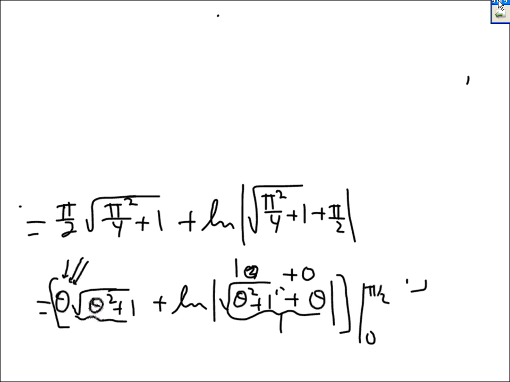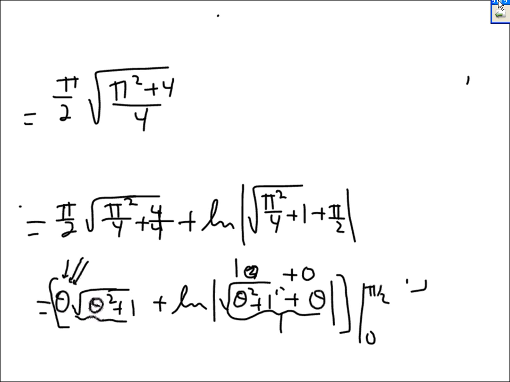Now, I just want to clean this up a little bit. I'm going to think of this 1 as 4 over 4. So what I get is pi over 2 times the square root of pi squared plus 4 over 4, plus the same thing in the ln.